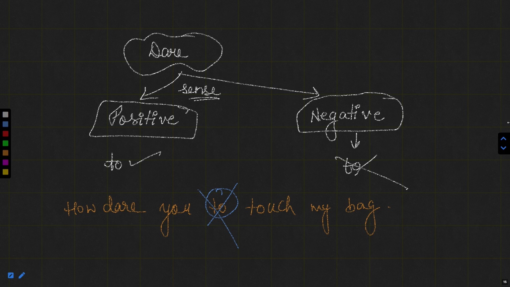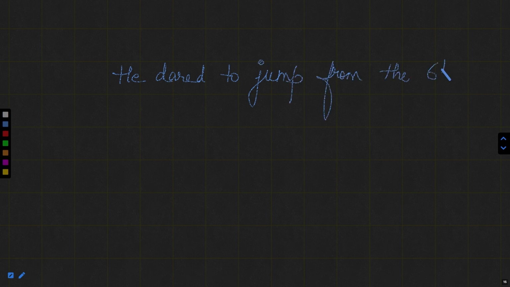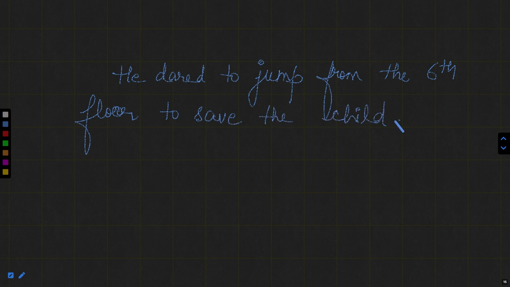But if I say, "He dared to jump from the sixth floor to save the child." Now, in this sentence, you can see that just to save the child, he dared, it means he showed his courage.